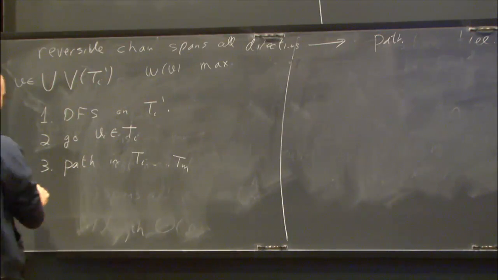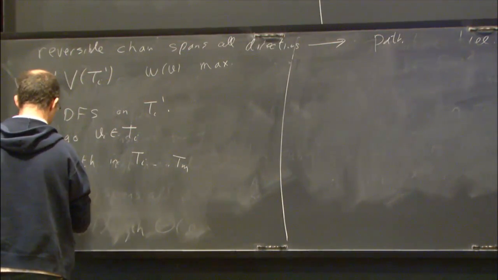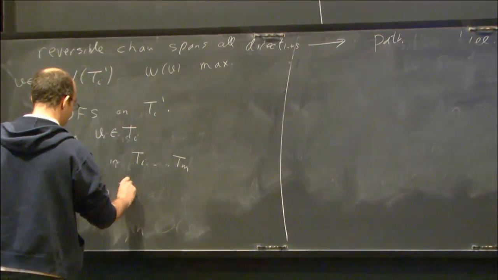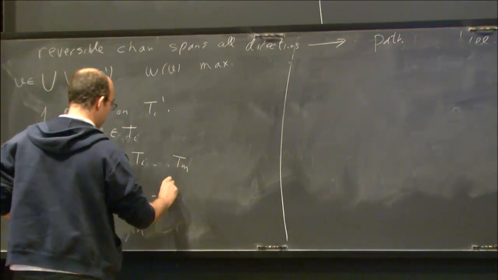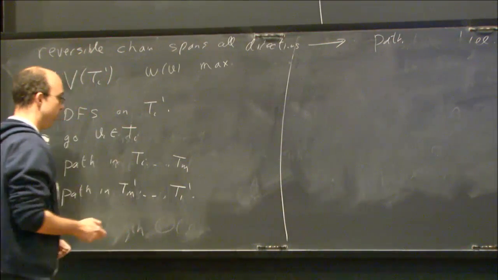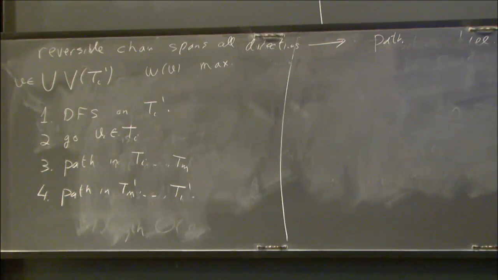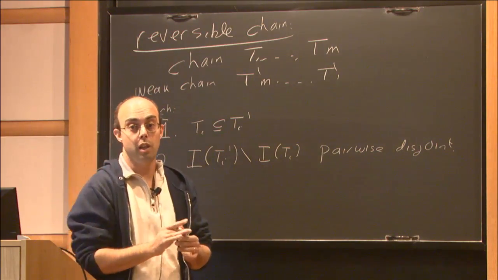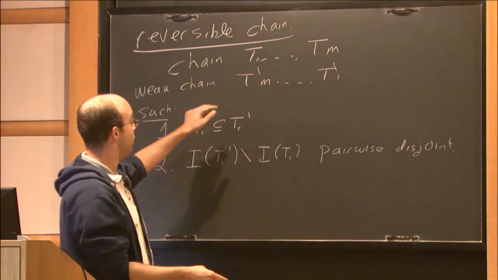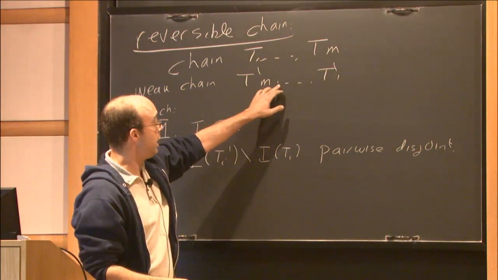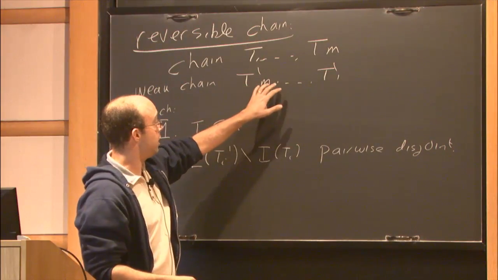And step 4, we move along a path in Tm prime up to T1 prime. This chain allows us to move in the opposite direction, but somehow it might be costly. We can show it's not costly, but at least we can move in this direction, because we start with Tm prime, and then we can move to the next one because its cube contains the vertices of this.